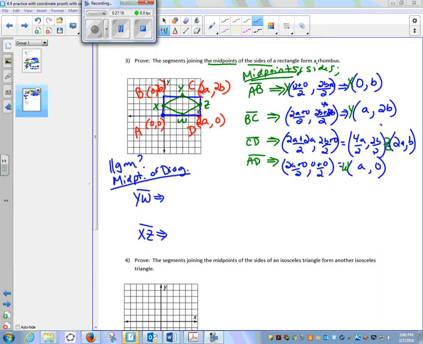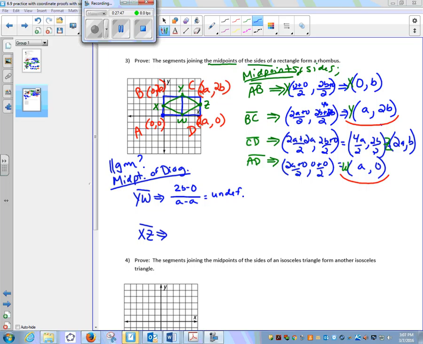The midpoint of YW, we're going to subtract the y's on top, 2b minus 0, over a minus a. Turns out to be undefined, which is what we expected because it's the vertical line here, right? 2b over a minus a is just 0.